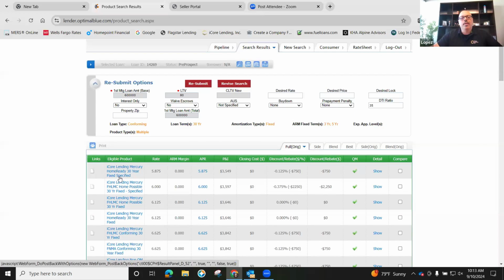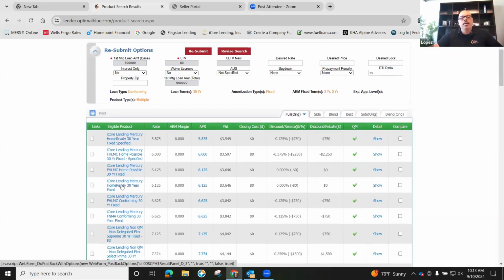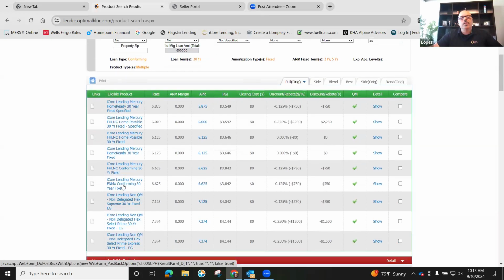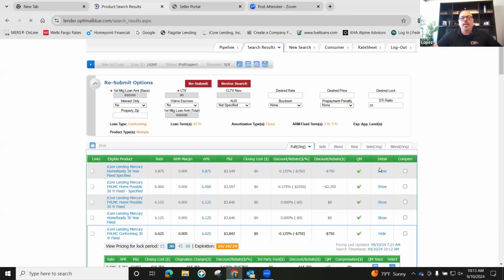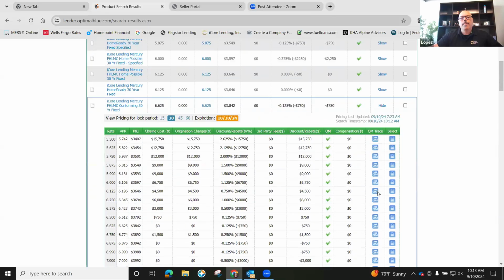So you kind of have to filter through down here past the Home Readies and the Home Possibles till you get to your first conforming 30-year fixed, which is this one here. If I click show, it's going to give me the rates that this loan priced out for.